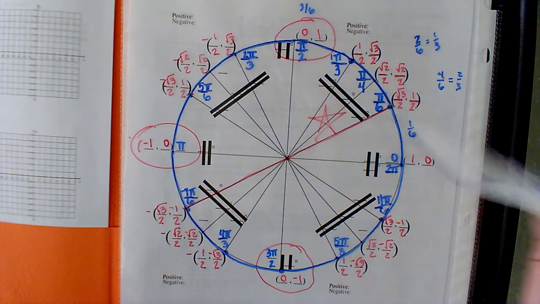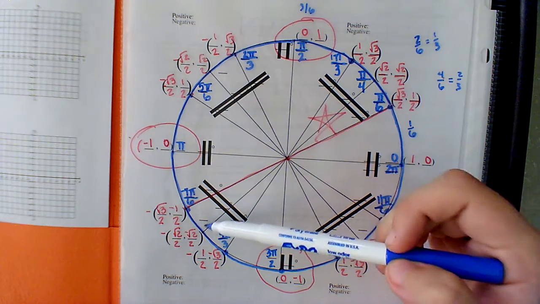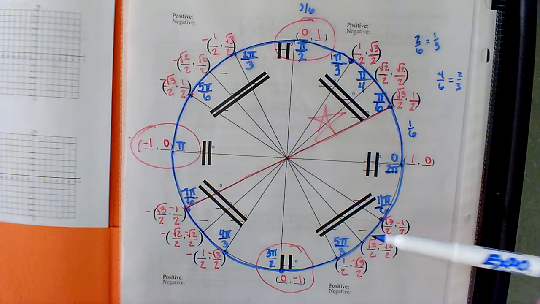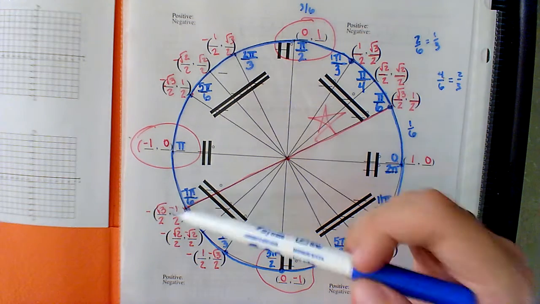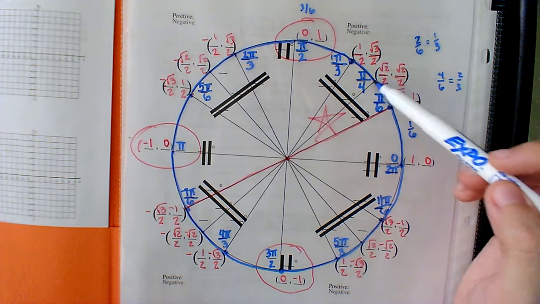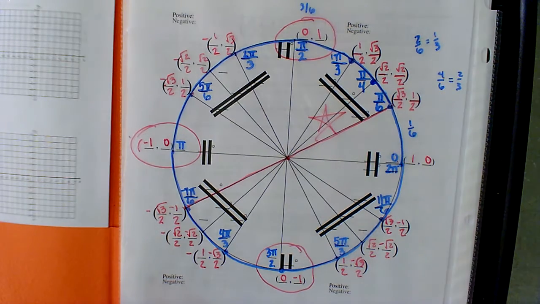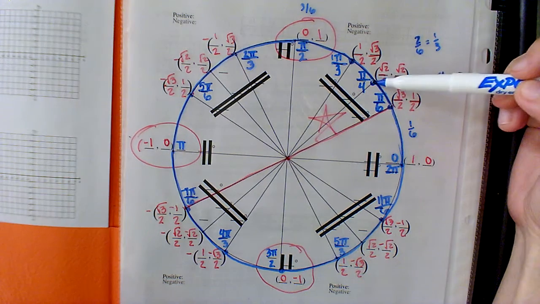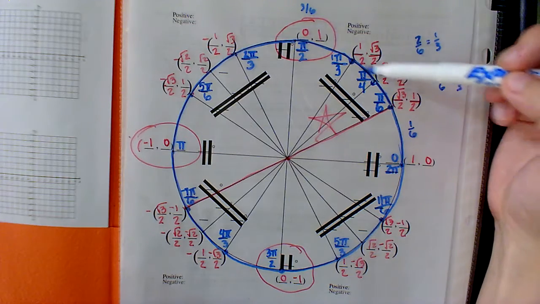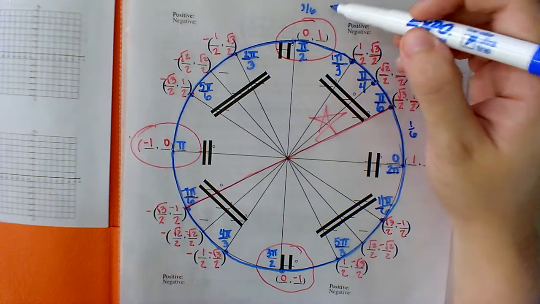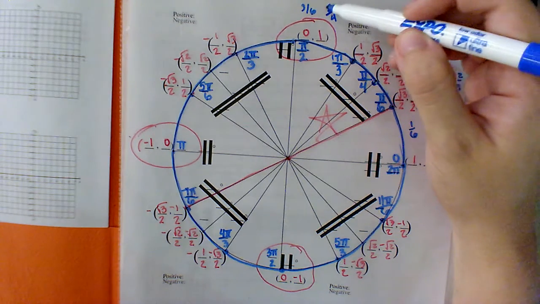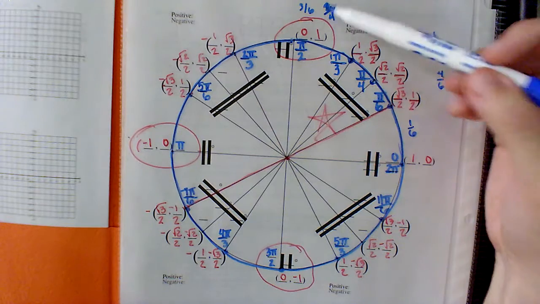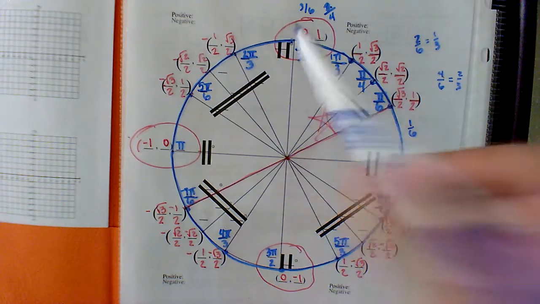Okay, so that's good, but we still have some other little pieces here we don't know. And notice how those are the middle points in the quadrants. So we're going to use this pi over 4 to help us out to find those. So if we go pi over 4, that's one section. If we go another pi over 4, that would be 2 sections out of the 4. But notice how 2 over 4 is the same as a half.